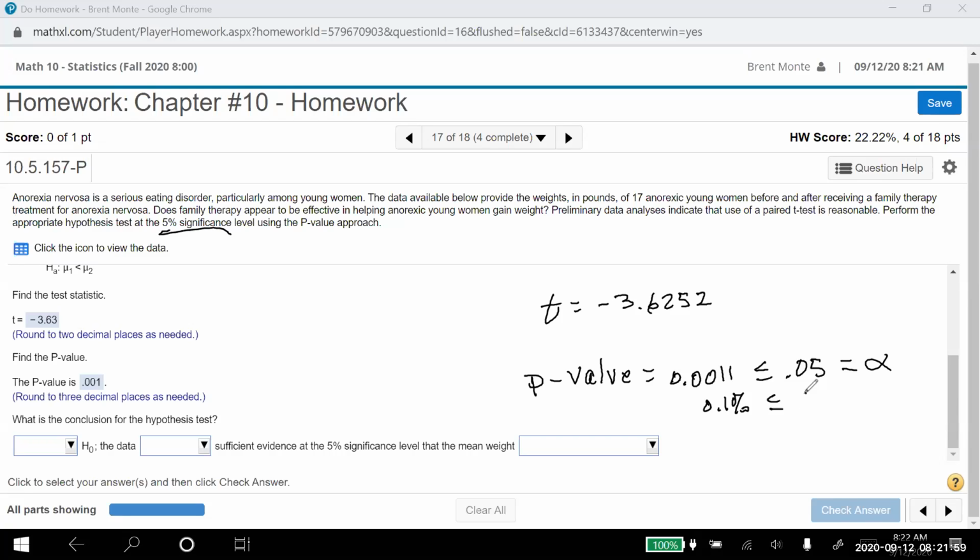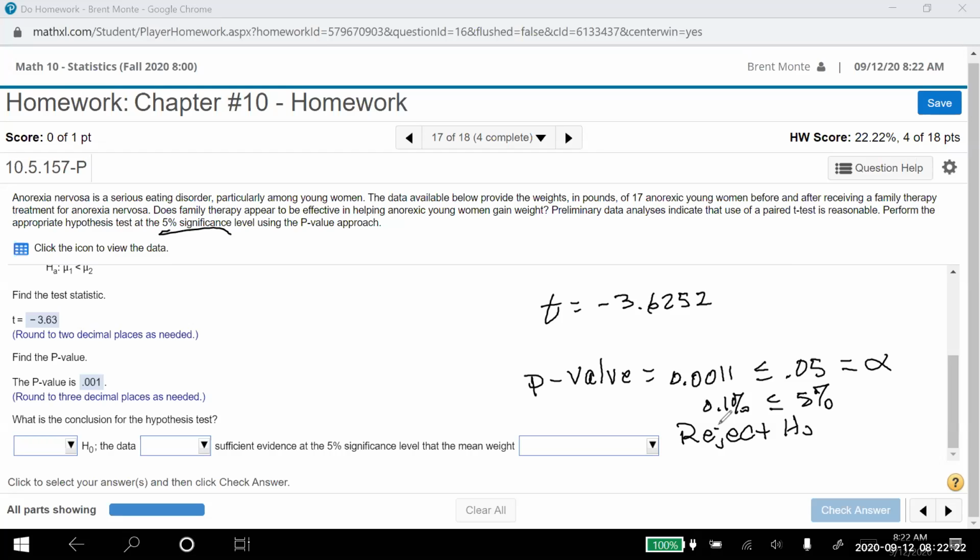Clearly that is less than or equal to 5%. So we say reject the null hypothesis this time. Because if it is less, we reject it. That means there's almost 0 chance. There's 0.1% chance we would get these data values if the null hypothesis were true.